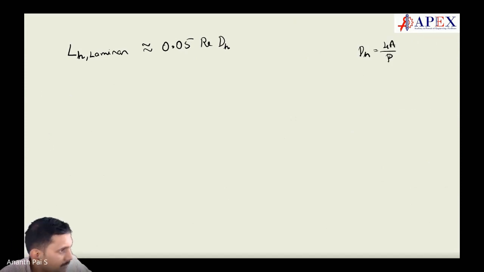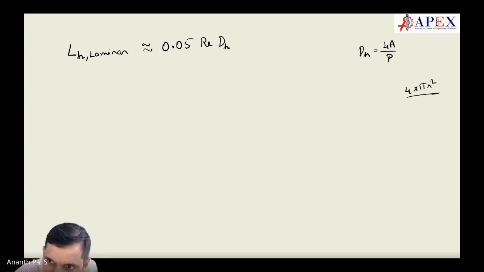This is what we did in Reynolds number also, is it not? Same thing we are going to do here. Is it A by 4P or 4A by P? You can calculate: 4 into pi r square divided by 2 pi r.